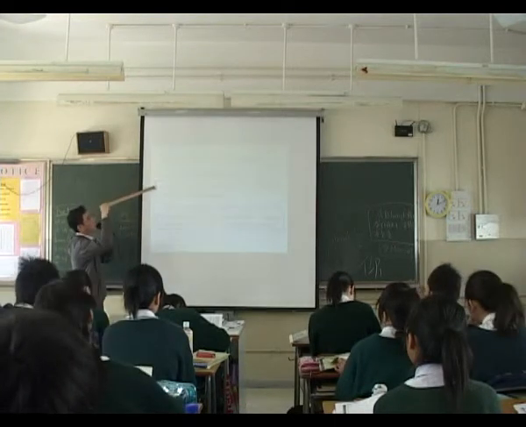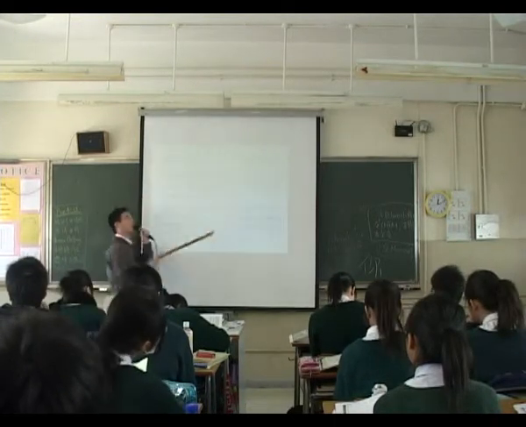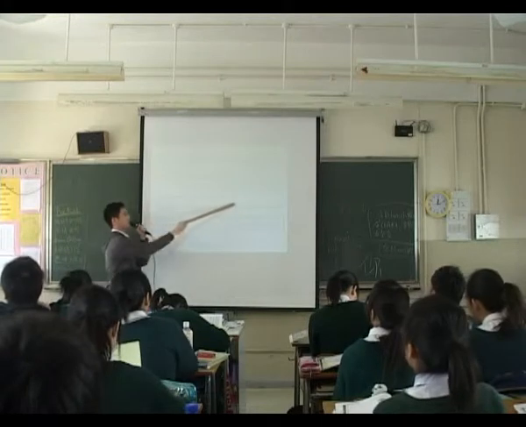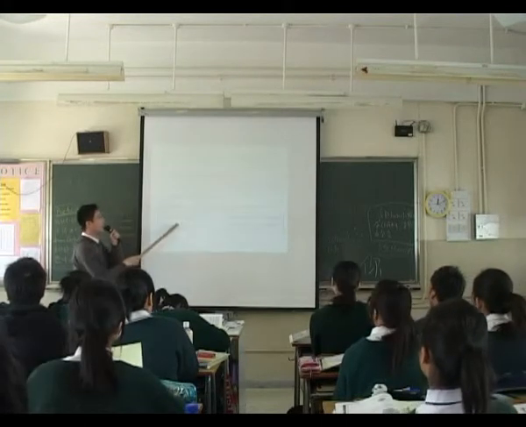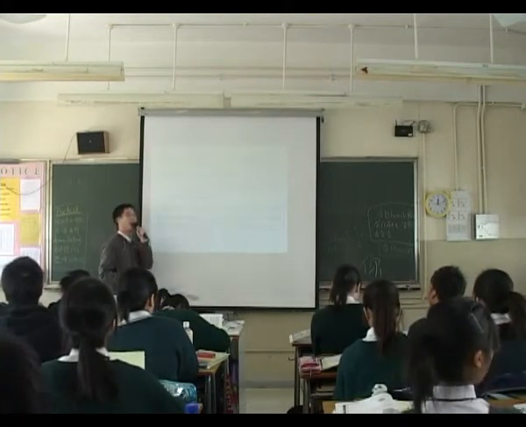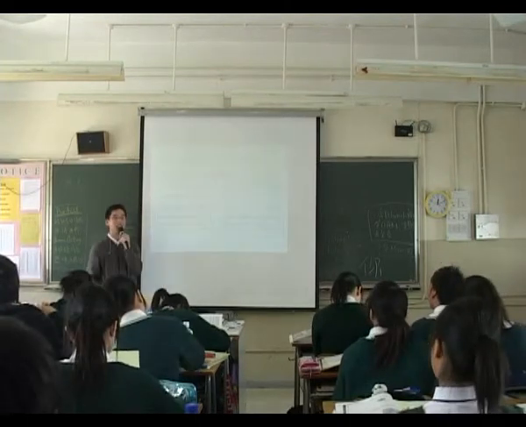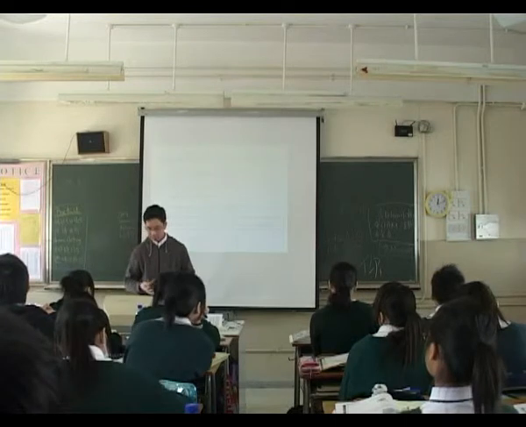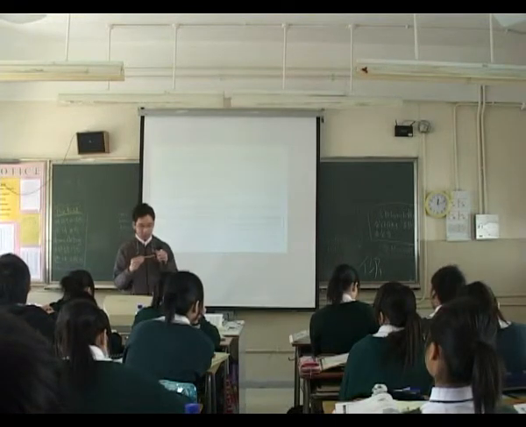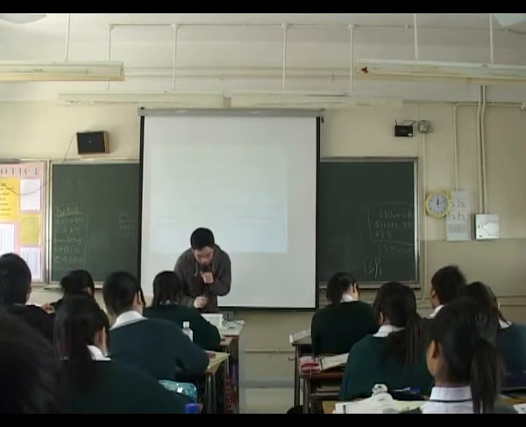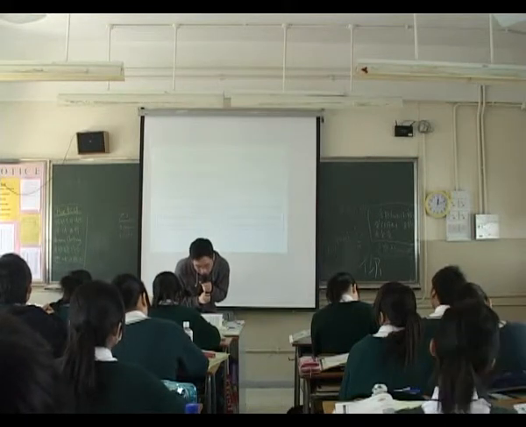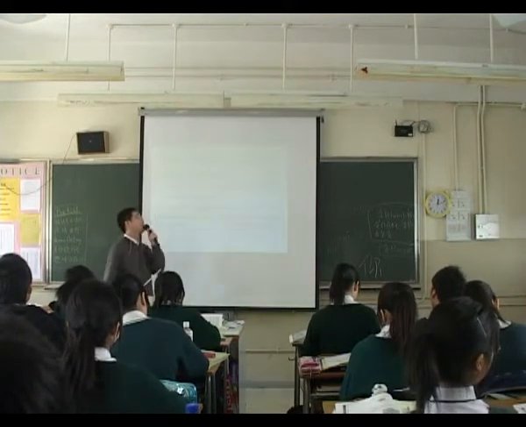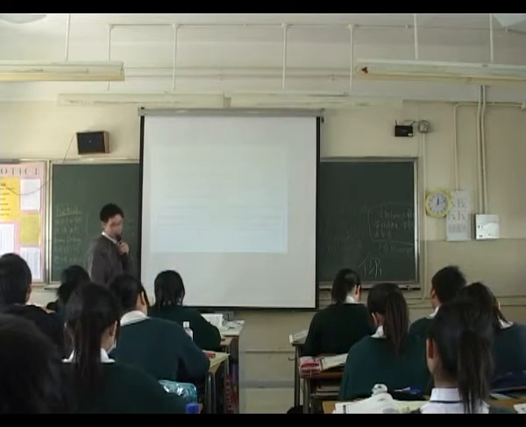So when this equation occurs much faster than this equation, will there be an uptake or a release of carbon dioxide? Number 25. Uptake. Yes, there will be a net uptake of carbon dioxide.